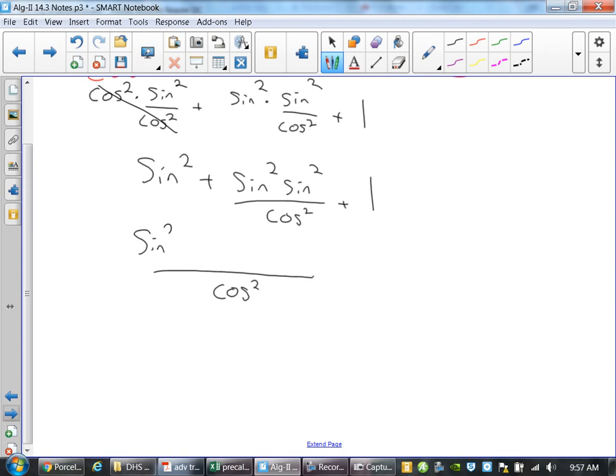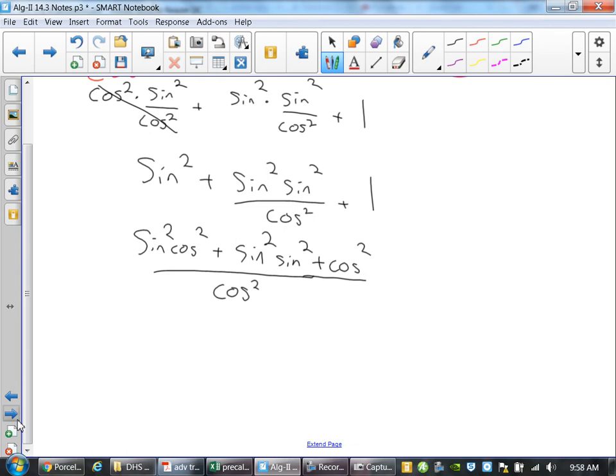Sine squared cosine squared plus sine squared sine squared. So you have all that. What did the 1 turn into? It turned into a cosine. I forgot the 1 was part of it.